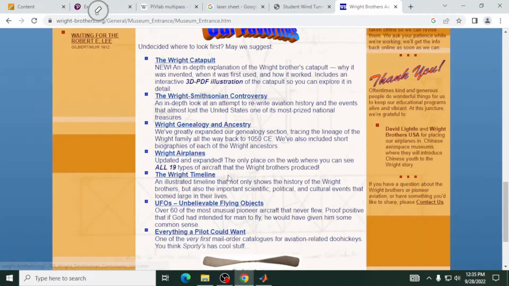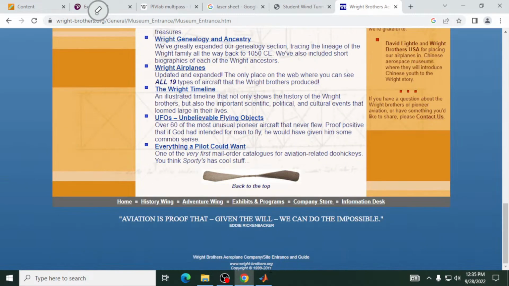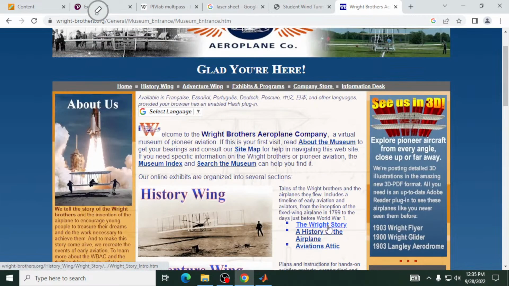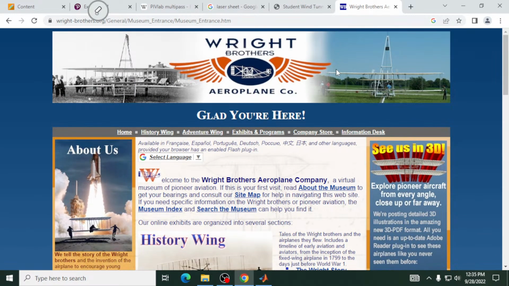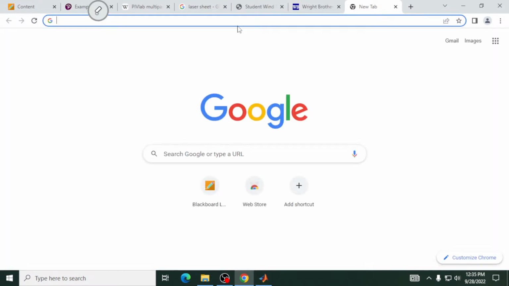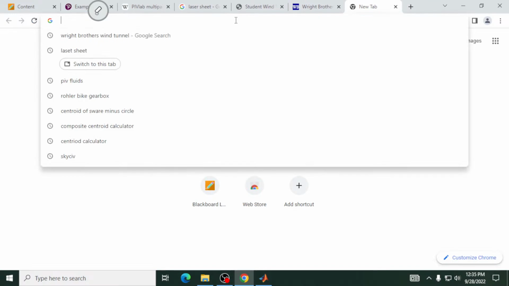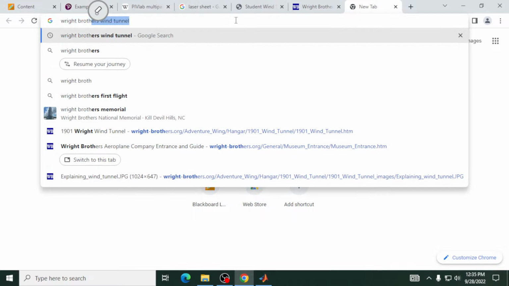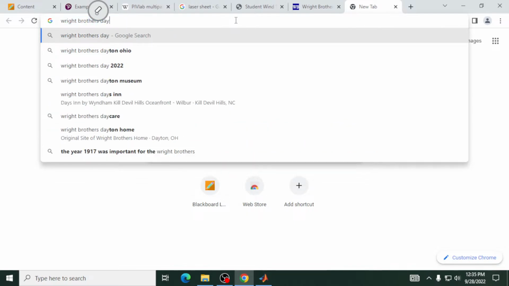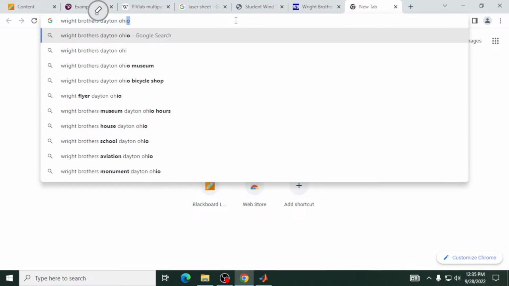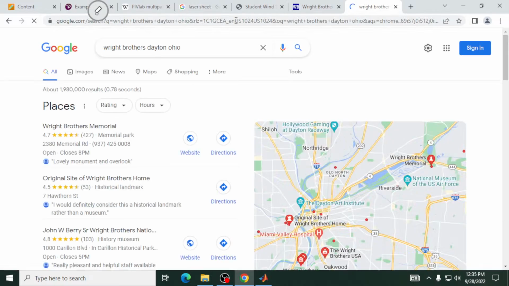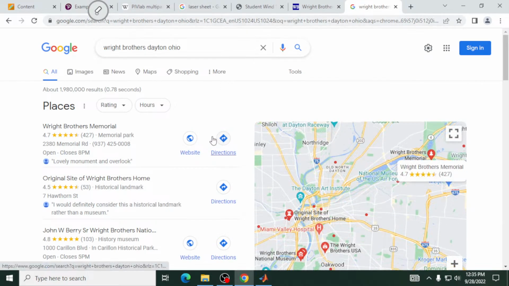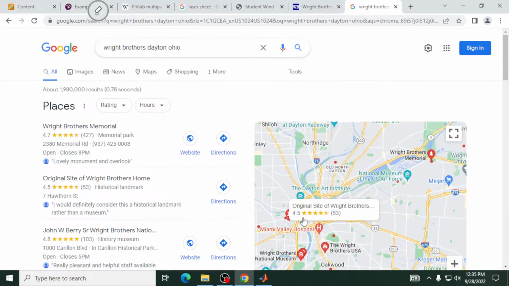Okay, so there's 2 places this is at. There is a Wright Brothers thing in Dayton, Ohio. And that's where they actually lived.